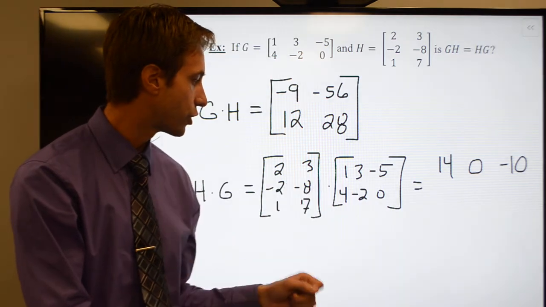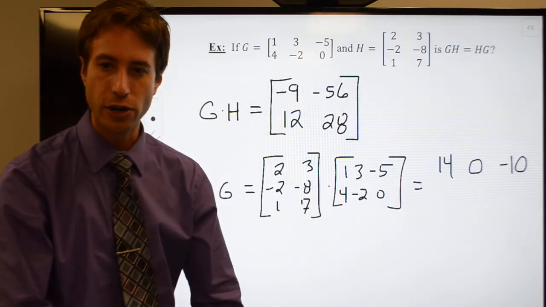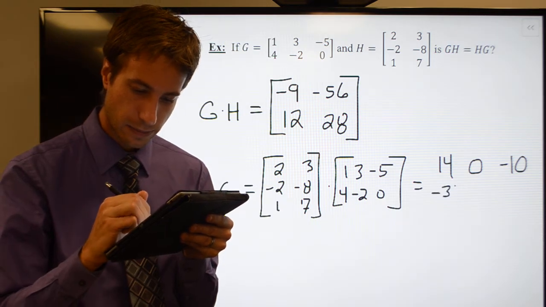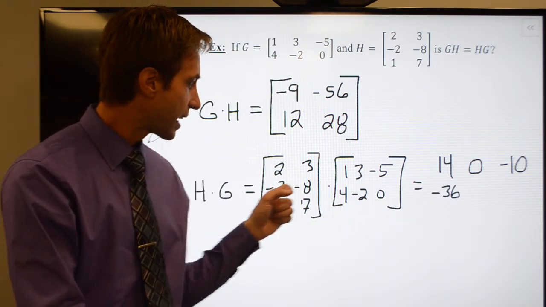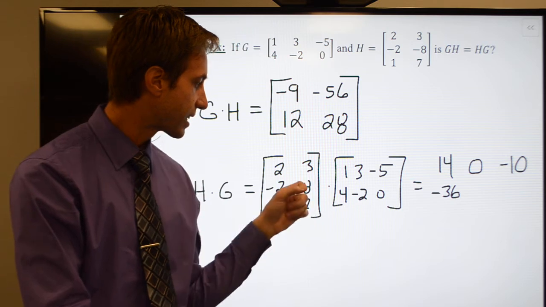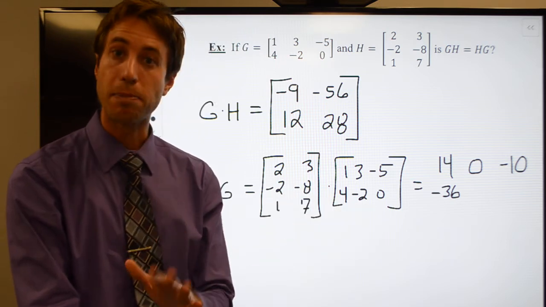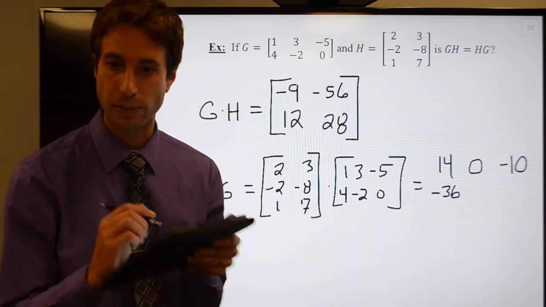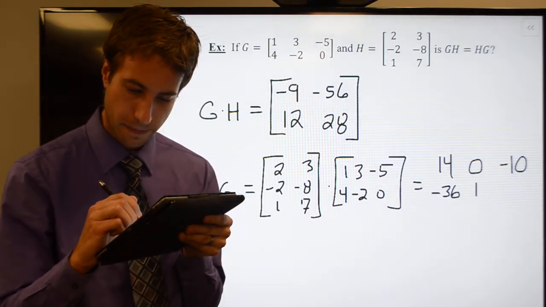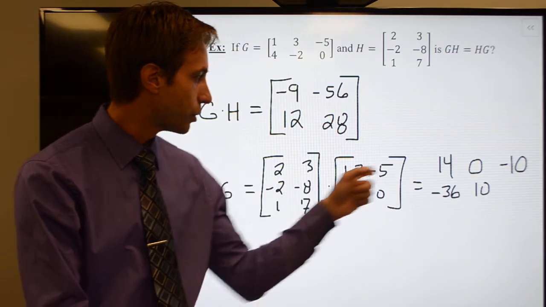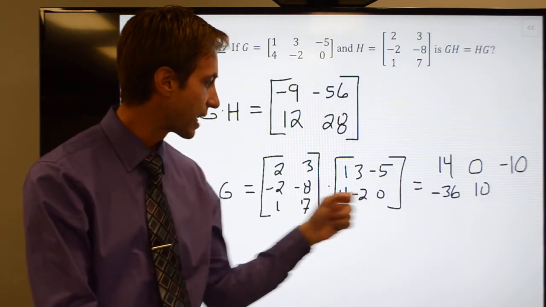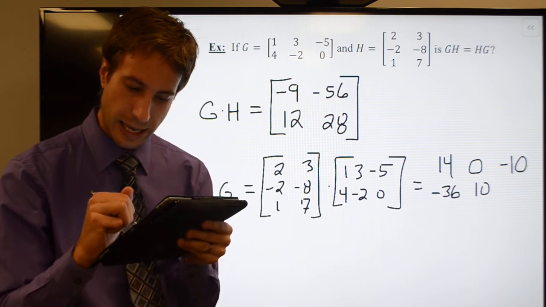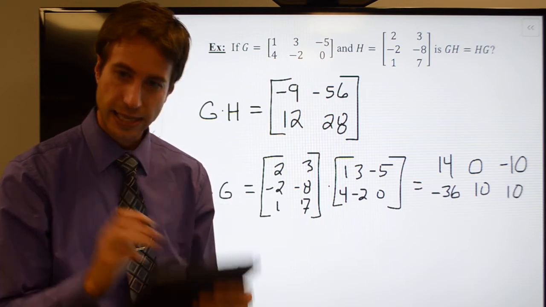I have a minus 2 and a negative 32, which gives me negative 36. Negative 2 times 3 is going to be a negative 6. Negative 8 times a negative 2 is going to be a positive 16. Negative 6 plus a positive 16 should be a positive 10. Keep going. Negative 2 times a negative 5 is going to be a positive 10. Negative 8 times 0 is 0. 10 plus 0, I get another 10.